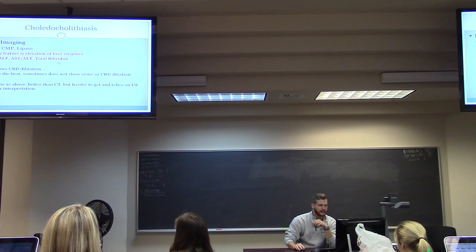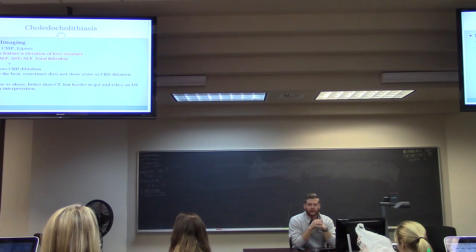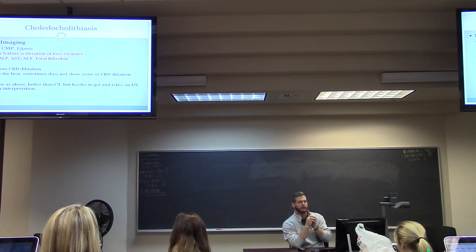Total bilirubin, I think, is for me one of the more important ones. You can see a little bit of elevation in your AST, ALT, and obviously an elevation of your alk phos. Without a choledocholithiasis, if you had a bad cholecystitis where the inflammation is really bad, you also have to remember how the gallbladder sits. You remember from anatomy, it's not separate and just hanging out there.